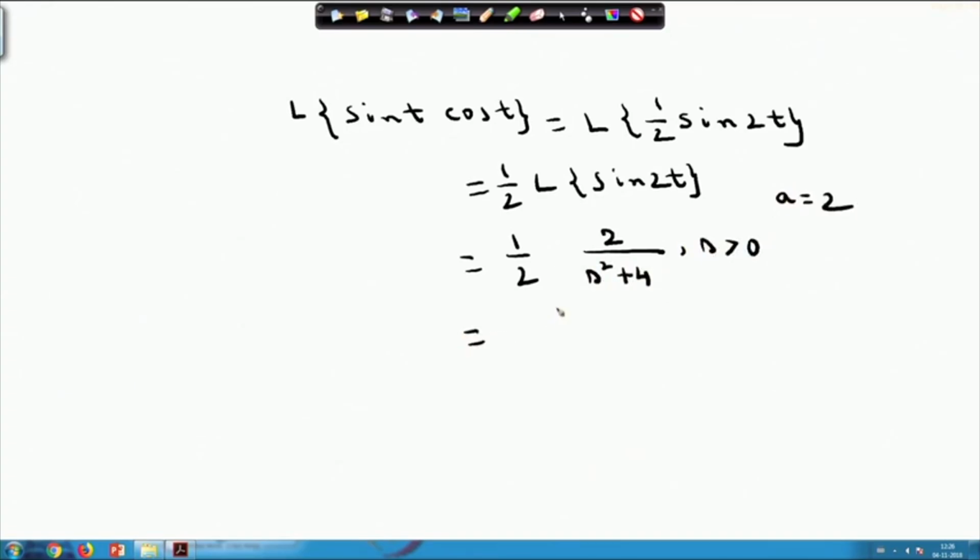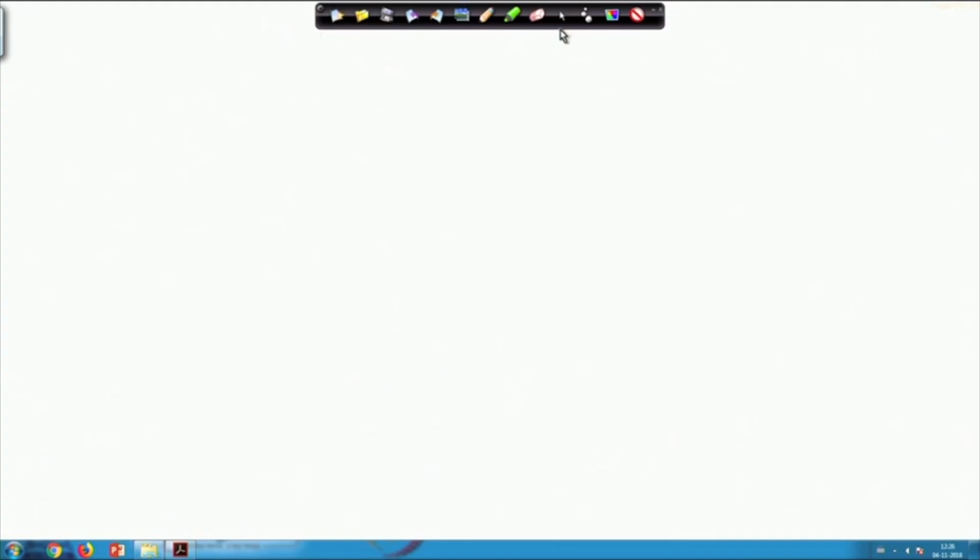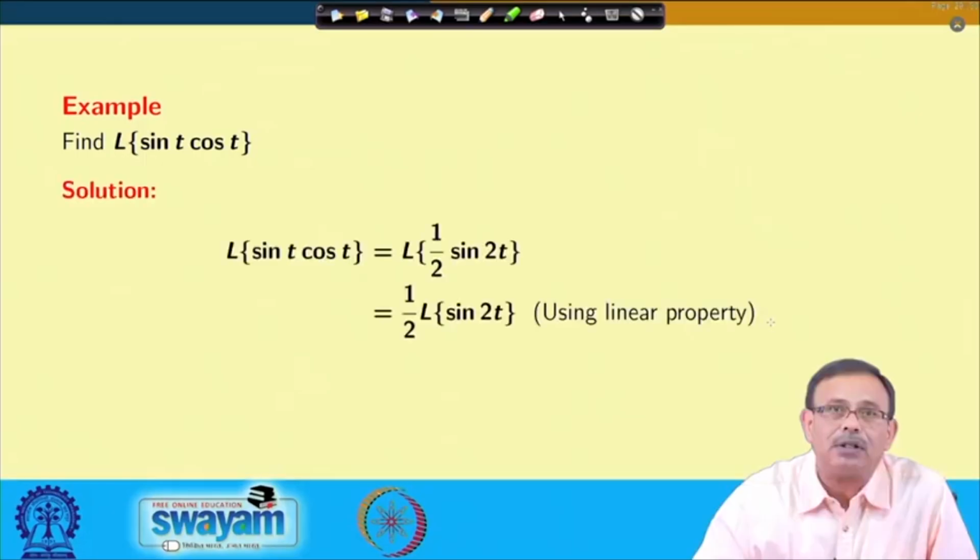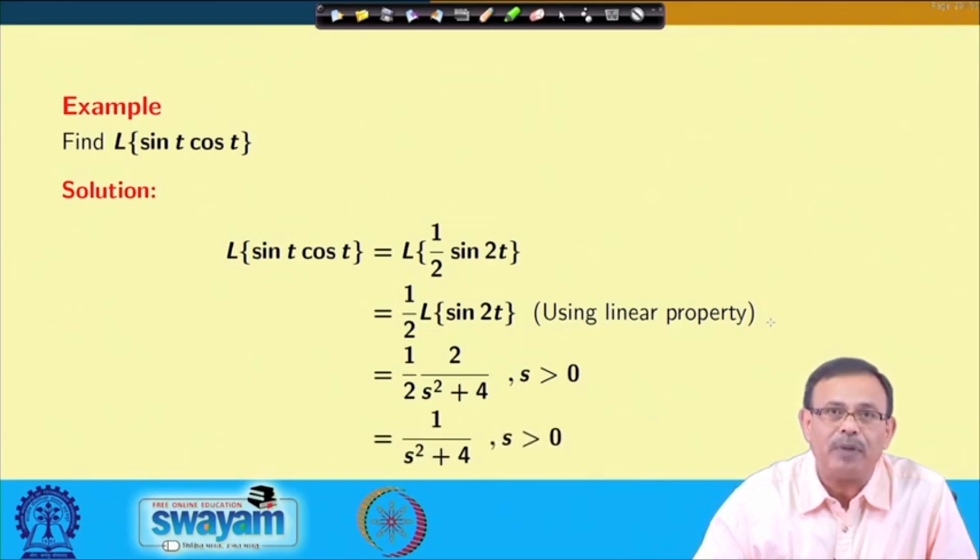So, you will obtain the Laplace transform of sin t cos t, which is 1 by s square plus 4 for s greater than 0.